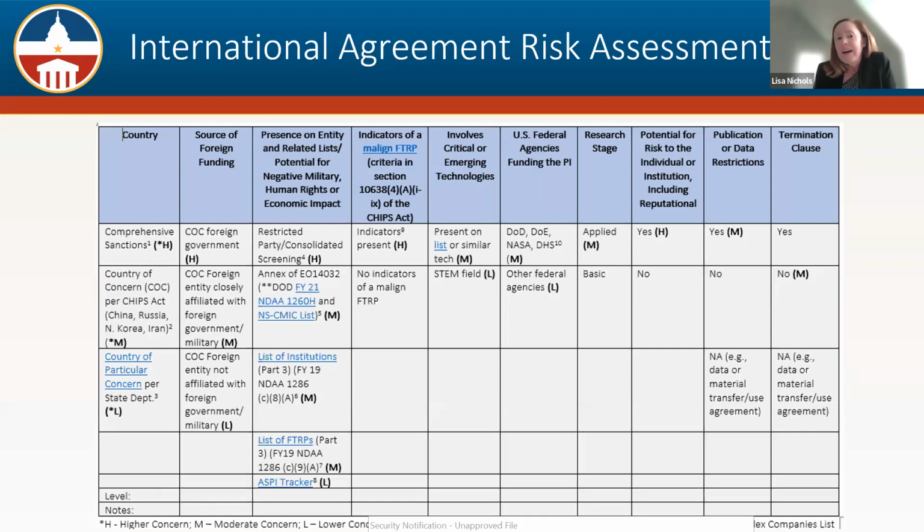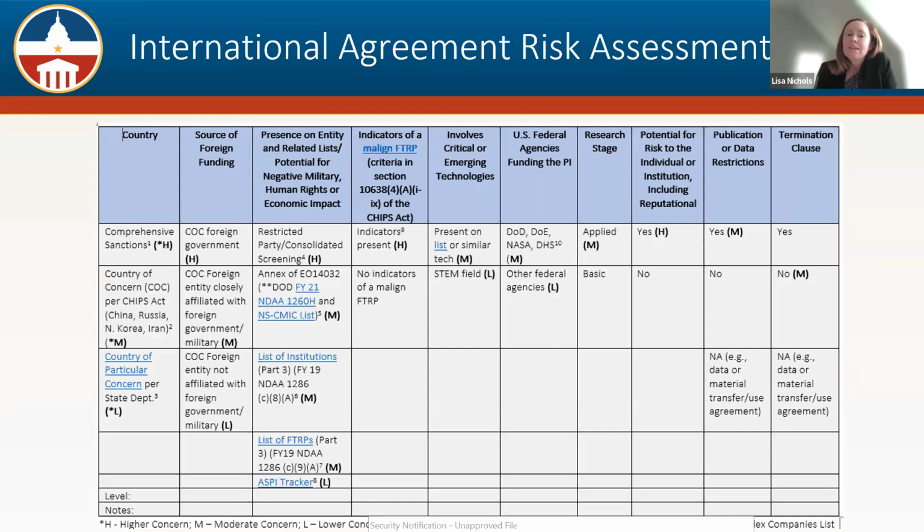The next column or factor is indicators of a malign foreign talent recruitment program as indicated in the definition from section 106.3.8 of the CHIPS Act. So whether indicators are present or absent. The next involves critical or emerging technologies, and that's in reference to what we know is a consideration for the Department of Energy.